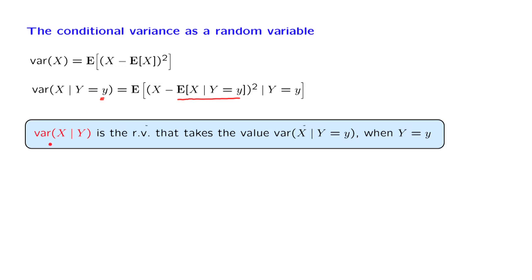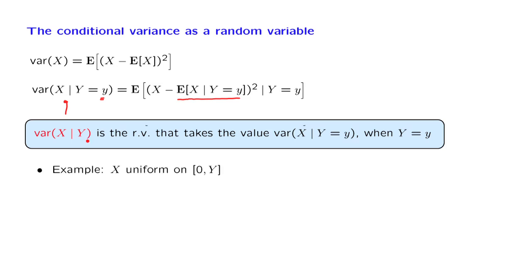And that random variable, which we denote this way, is the random variable which takes this specific value when capital Y happens to be equal to little y. Once we know the value of capital Y, then this quantity takes a specific value. But before we know the value of capital Y, then this quantity is not known, it's a random variable.